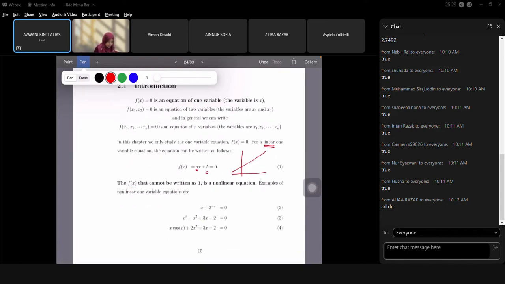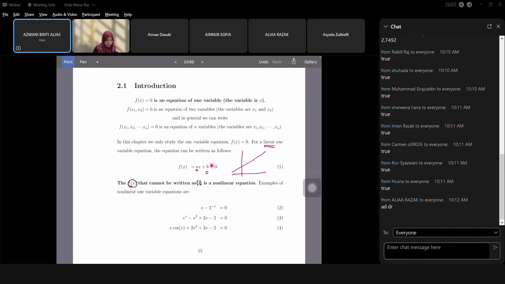If the function f(x) cannot be written as equation 1, then it is called the non-linear equation.